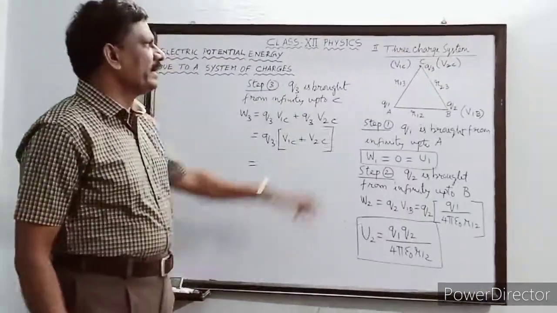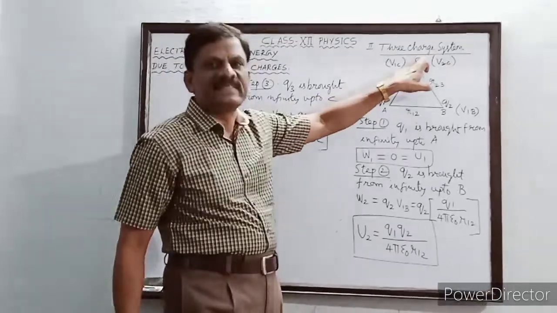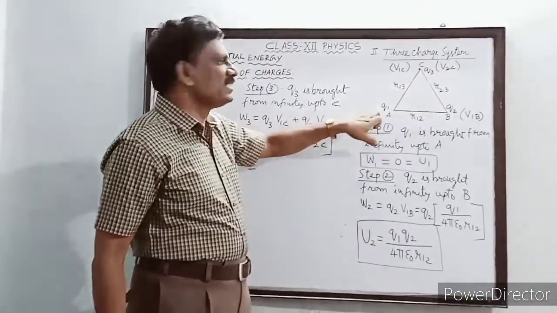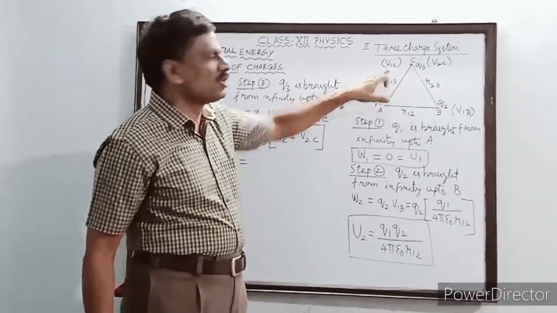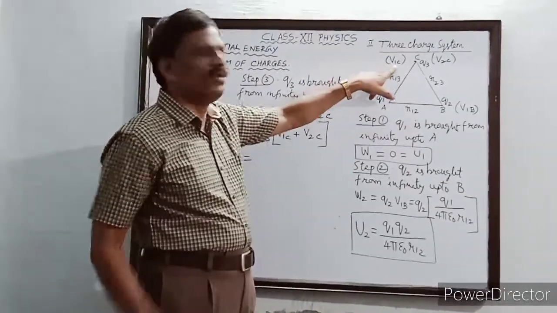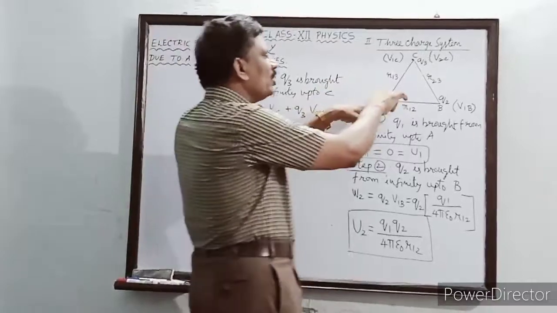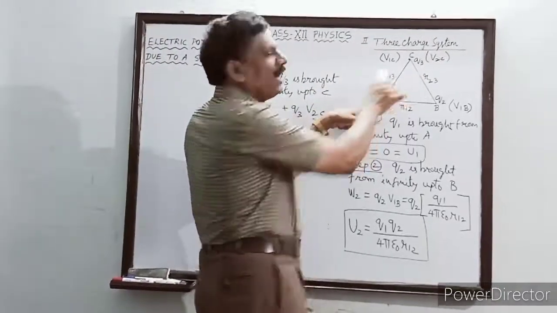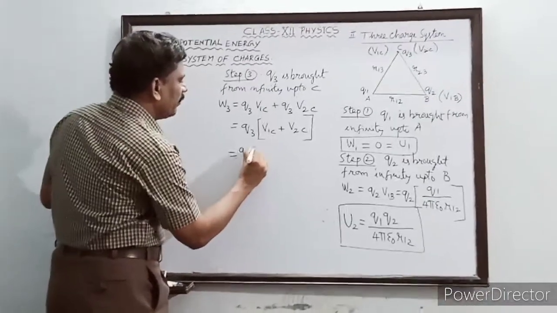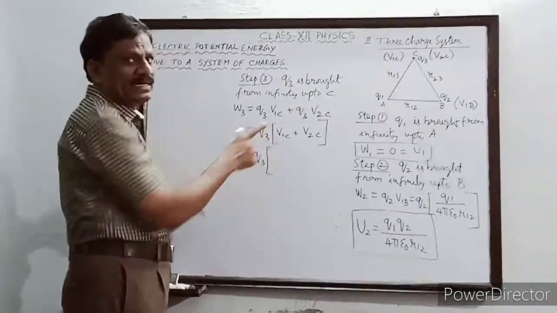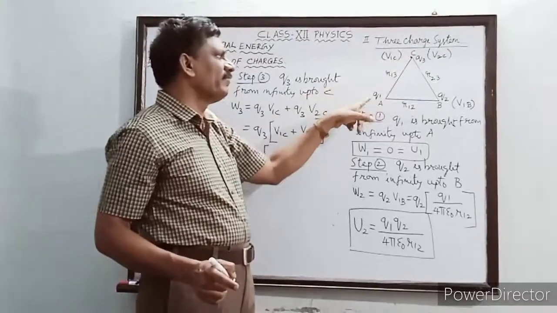So the electric potential at the point C due to the charge Q1 is called as V1C. Is it not? So what should be the expression for this V1C? It must be equal to Q1 by 4 pi epsilon naught R13. So this must be equal to Q3 multiplied by, instead of V1C, the potential at C due to the first charge.